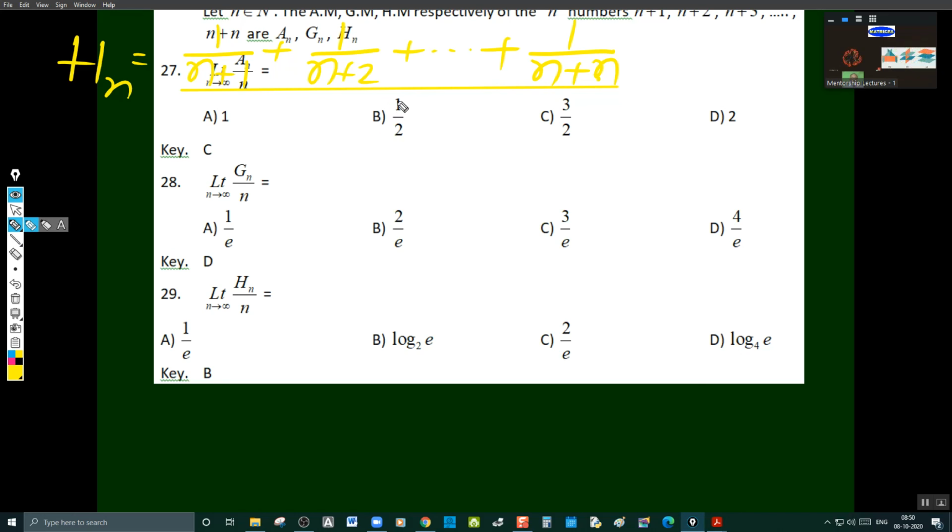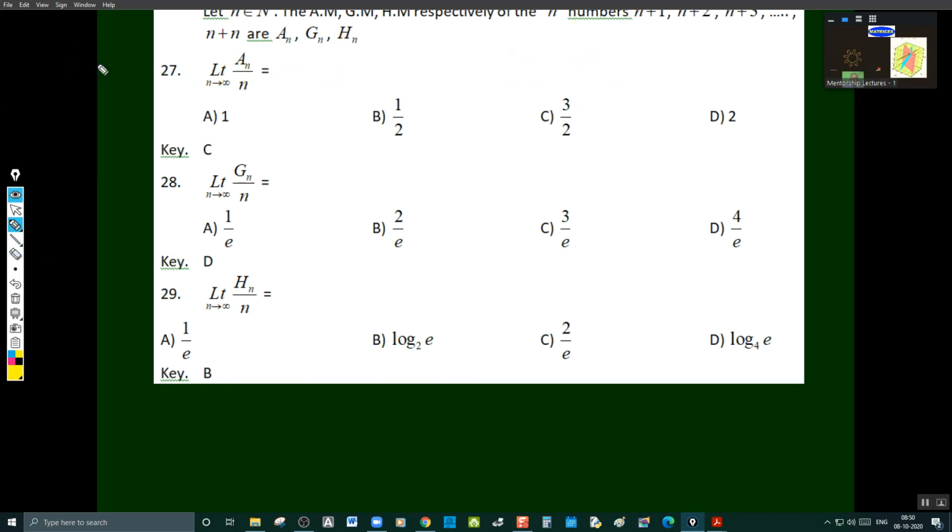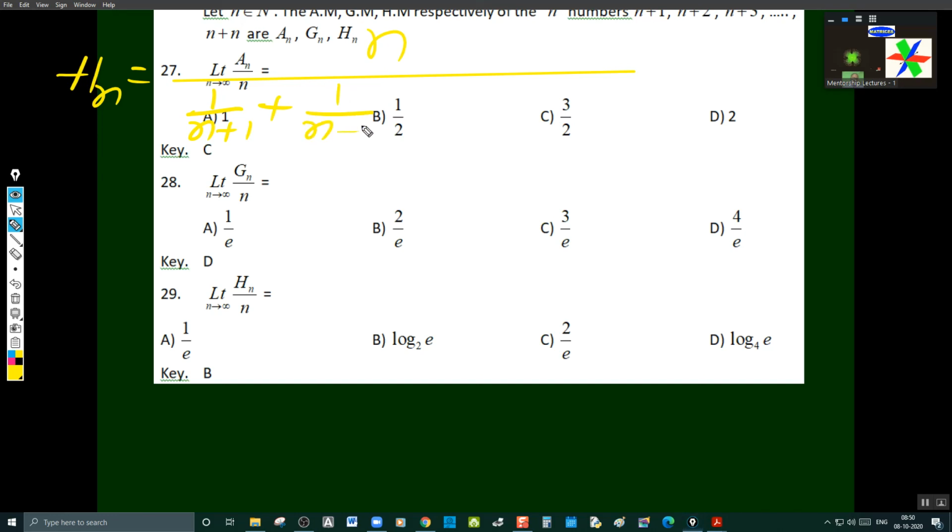Totally n terms are there. Just a moment. I wrote इसका रेसिप्रोकल है. इसको उल्टा करना है. उल्टा करना है. एक मिनट. hn is equal to n upon 1 upon n plus 1 plus 1 upon n plus 2 plus and so on plus 1 upon n plus n.